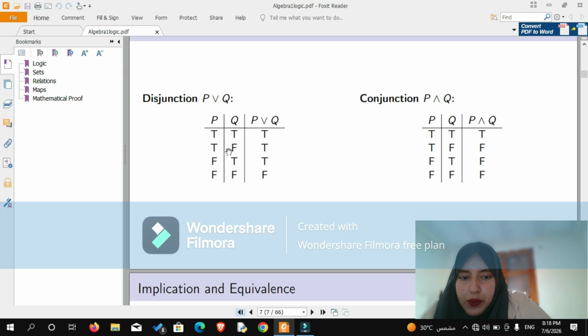When both of them are true, it is true. Conjunction, which is and, is true only when they are both true.